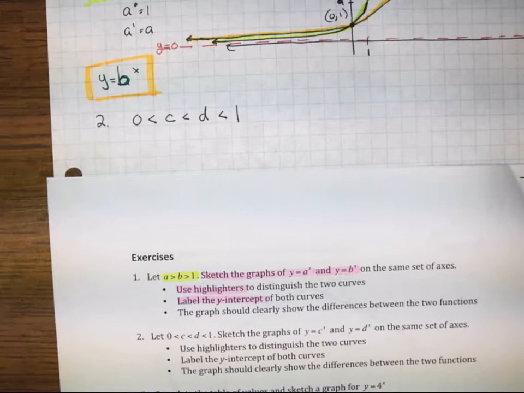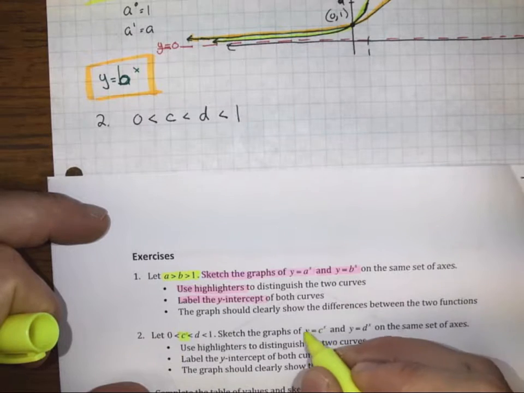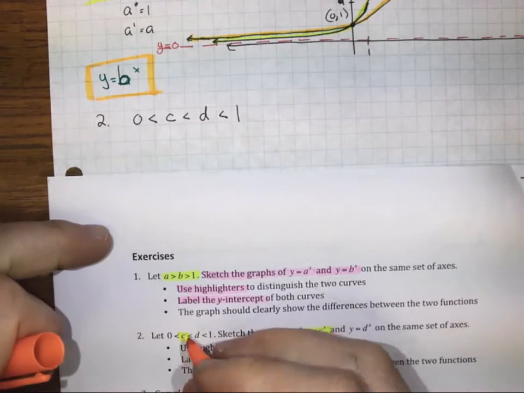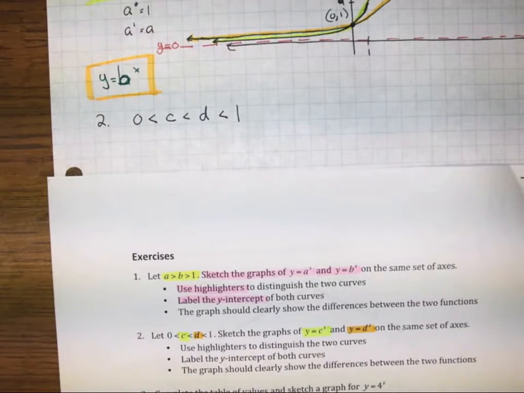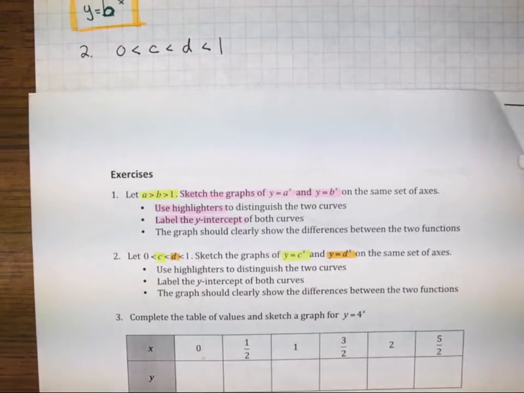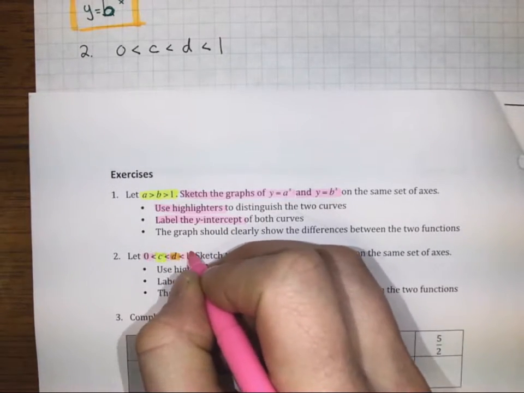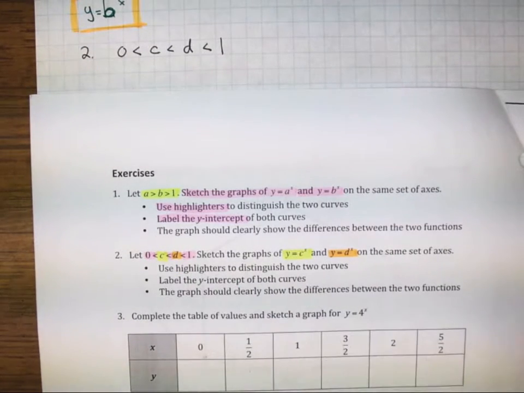I'll highlight that. I'm going to use different colors, so I'll use a color for C and for D, I'll use this orange. Overall, I know that 0 is less than C, which is less than 1, and so both these guys are between 0 and 1.